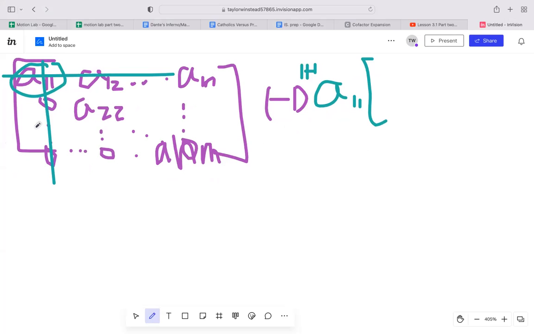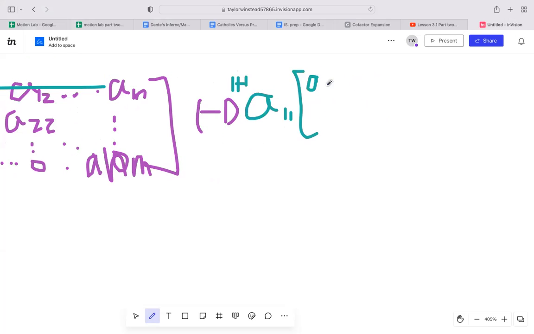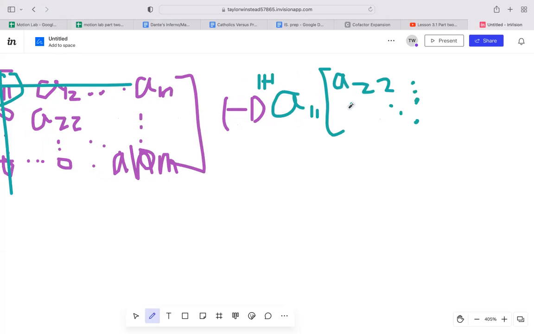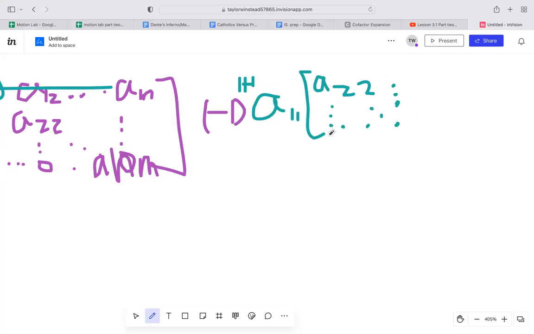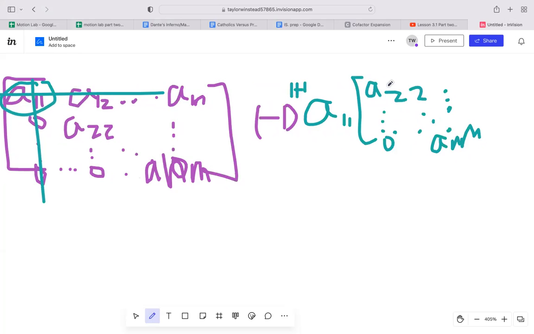Basically, these two rows get canceled out, and you're left with this. So multiply it times A22. You end up with 0, A N M, right?